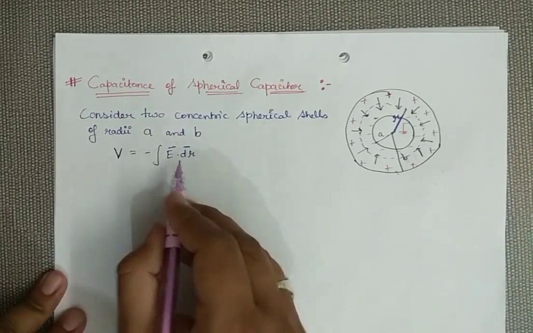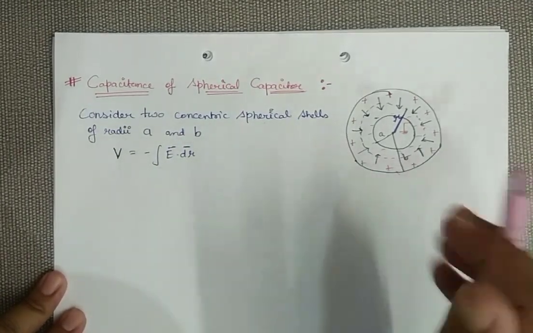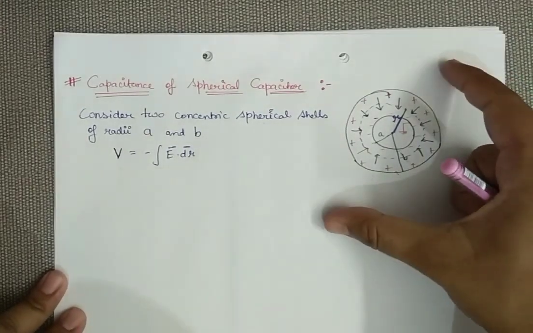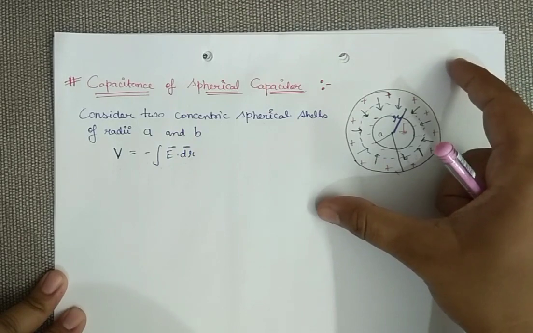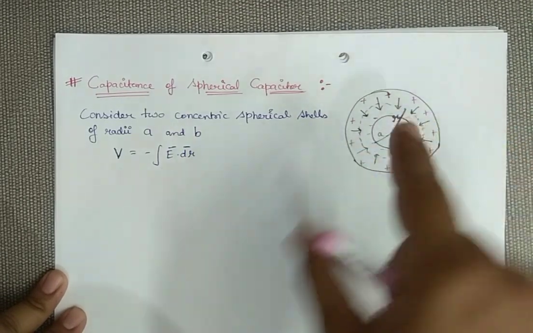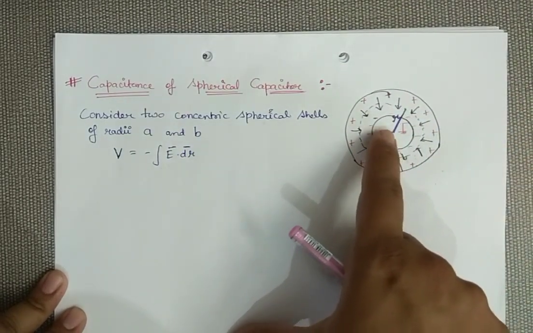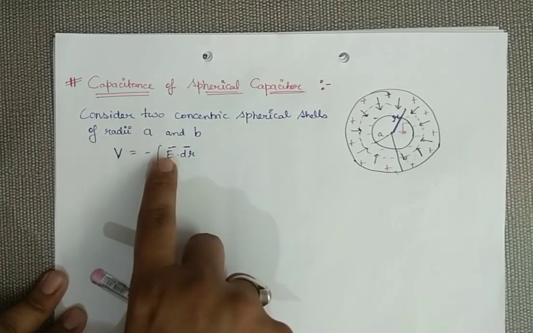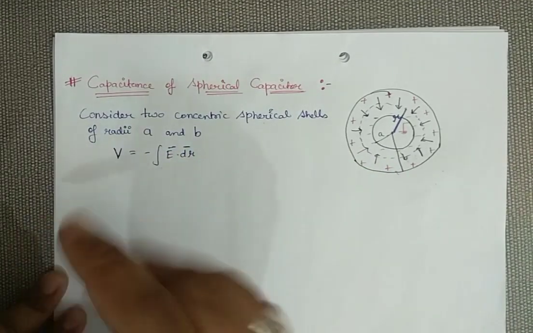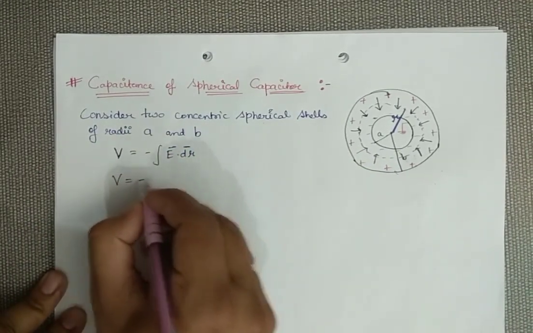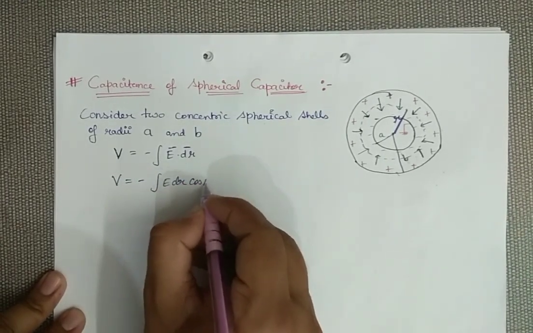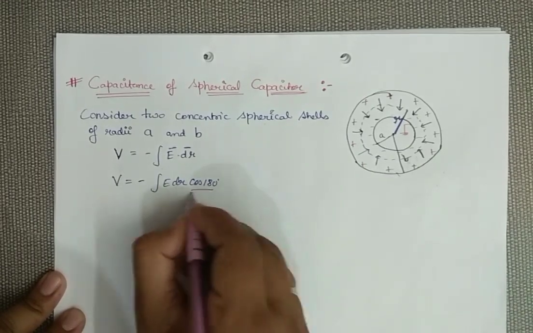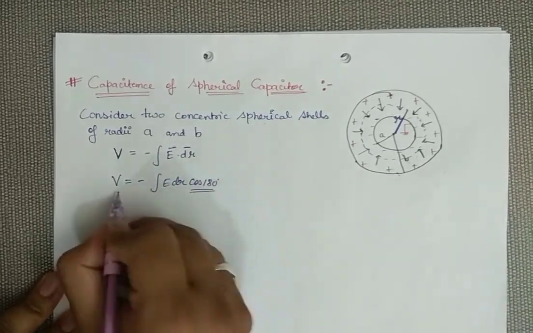Now look at it carefully. The direction of the electric field is from the outer sphere to the inner sphere, and the radius direction is from inner to outer. So we can say these two are opposite in direction. When two quantities are opposite, we use theta 180. So it's E dr cos 180. Cos 180 is itself negative, so negative and negative cancel out.